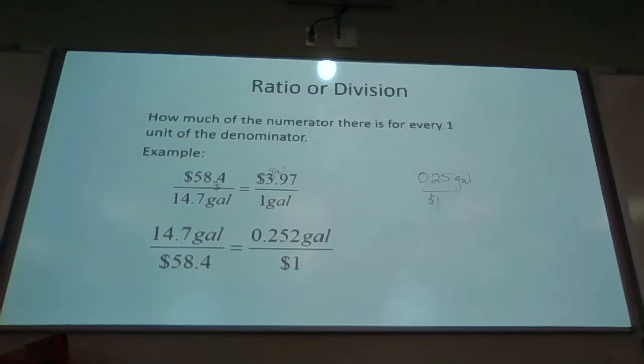Anytime you divide something, looking at the units, you can break that down and say how much of the numerator there is for every 1 unit of the denominator. You okay with that? Something that you're very adept at doing, division, but in a different light.